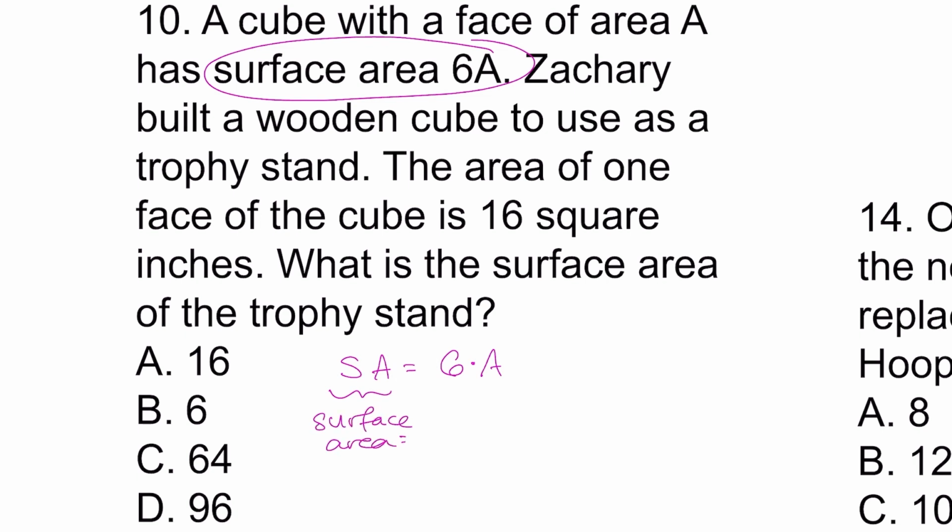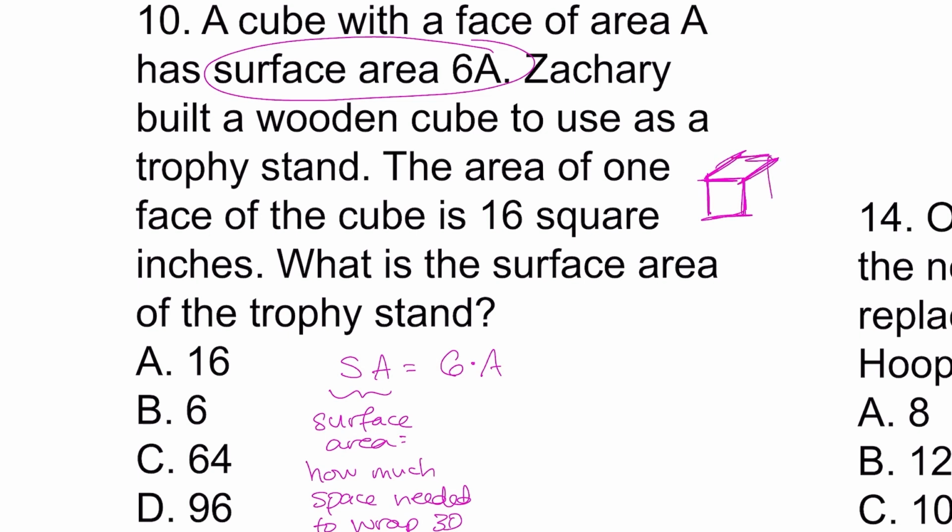So in this formula, surface area refers to how much space is needed to wrap this 3D object. So you have to cover this 3D object. In this case, it's a cube.